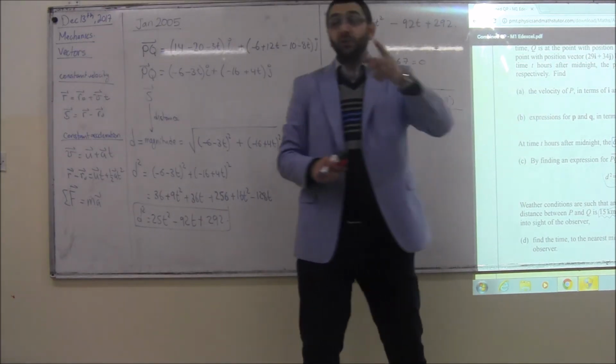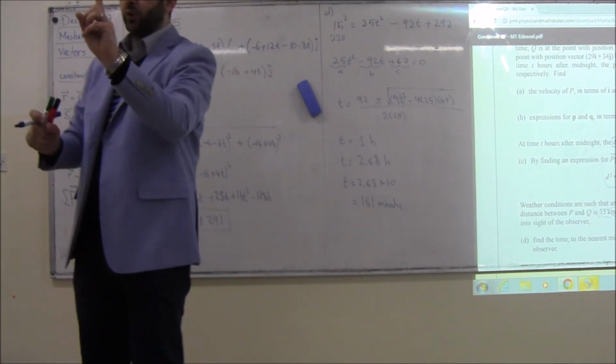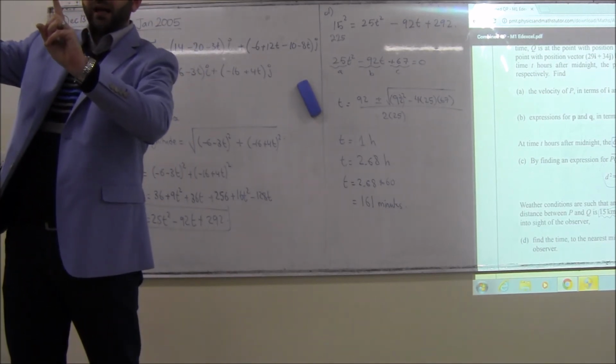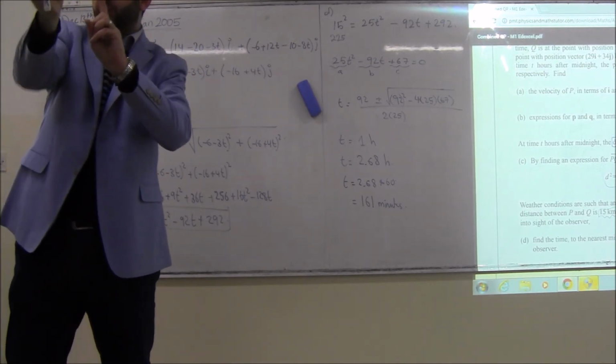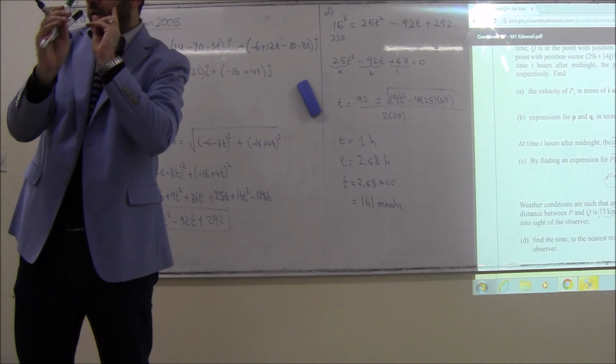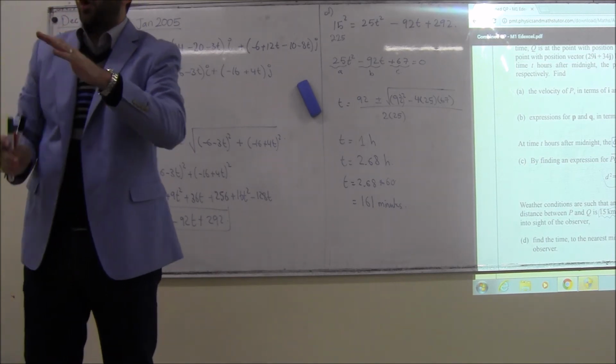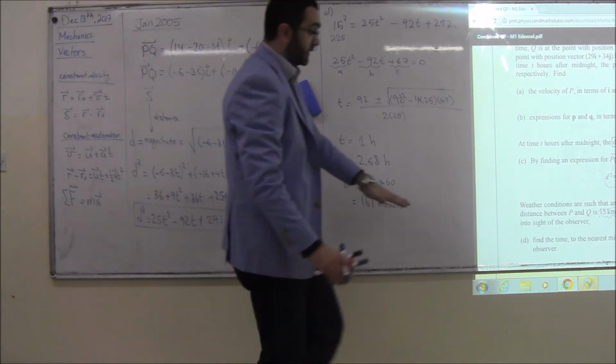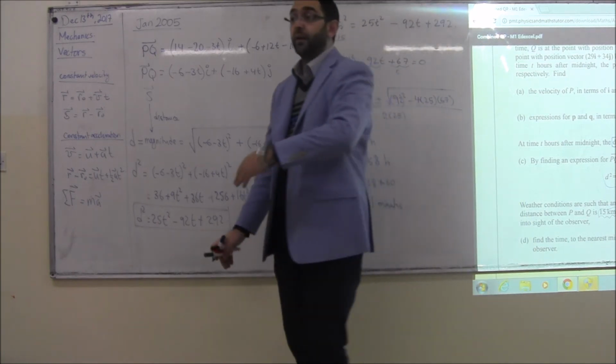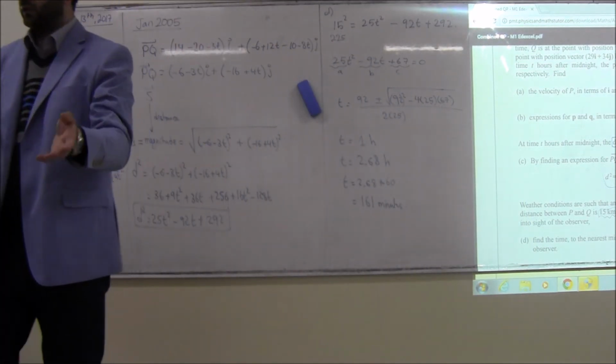Given that at t equals 1 hour the lights of Q move into the sight of the observer, we need to find the time to the nearest minute when the lights will be outside the sight.